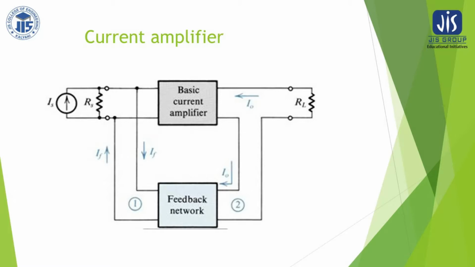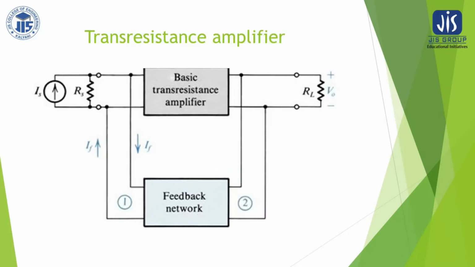So let us go to another category which is known as the transresistance amplifier. For the transresistance amplifier, we already have discussed that the transfer gain is resistive. That means the output is a voltage quantity and the input is a current quantity. So therefore, we should not change the input side. It is already a current source. Only you have to change the output side.